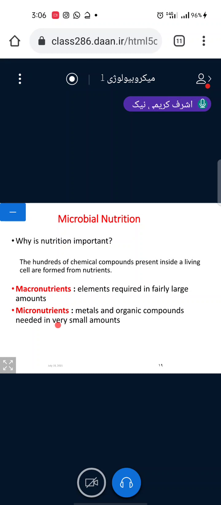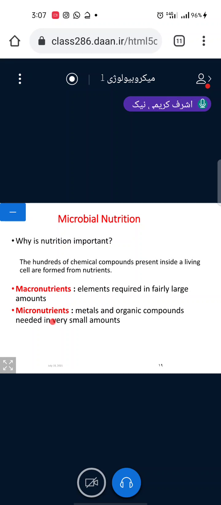Macronutrients and micronutrients. Macronutrients are elements required in very large amounts. Macro means large amounts.